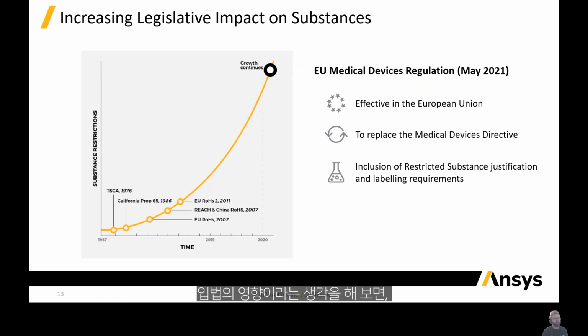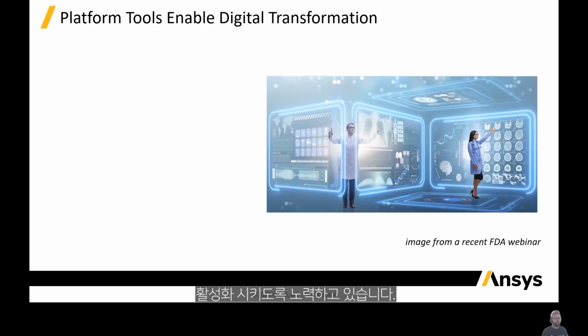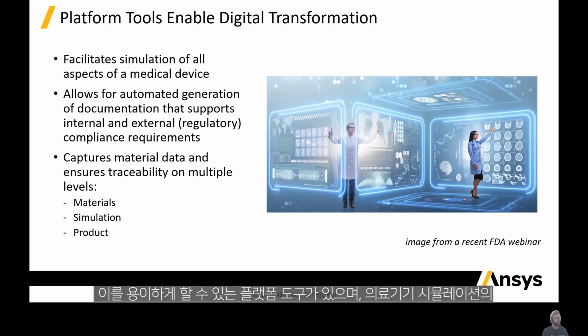Going along with the idea of legislative impacts, something that can be helped and managed via digital tools, we also are trying to enable better communication of data through some of these digital resources. So there are platform tools that can facilitate this, and they can facilitate not only all aspects of the medical device simulation, but also generating reports to be able to submit to regulatory and legislative bodies about a device, be it a design history file or a compliance report.